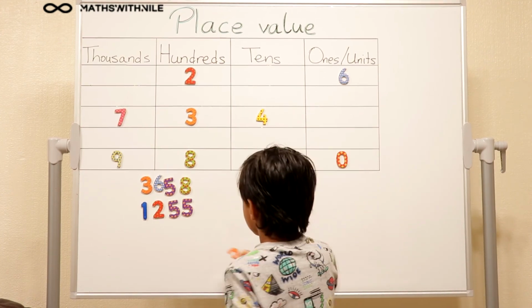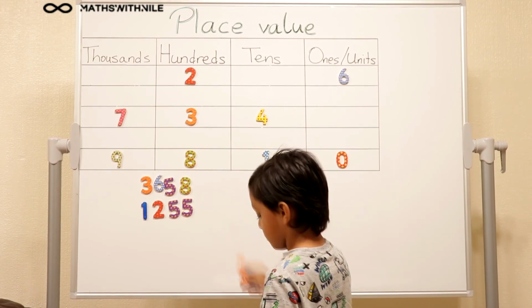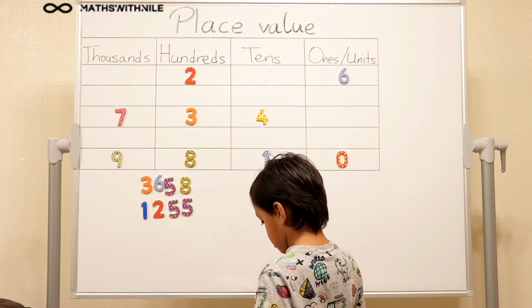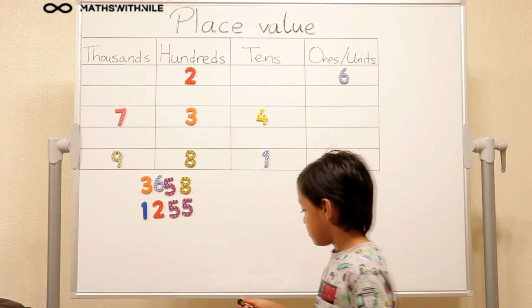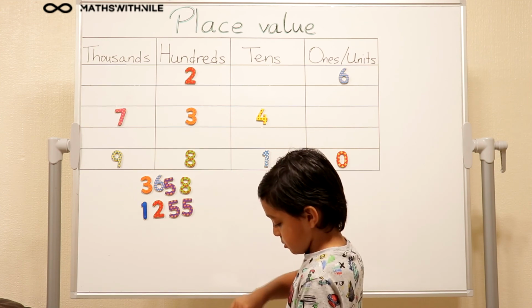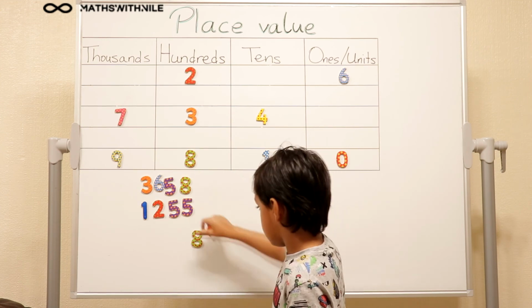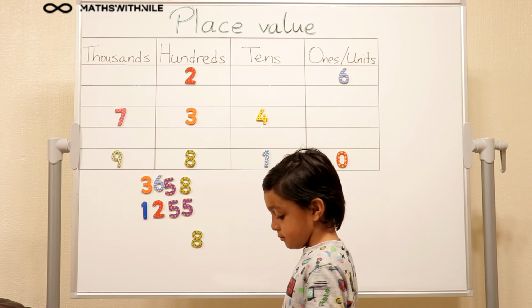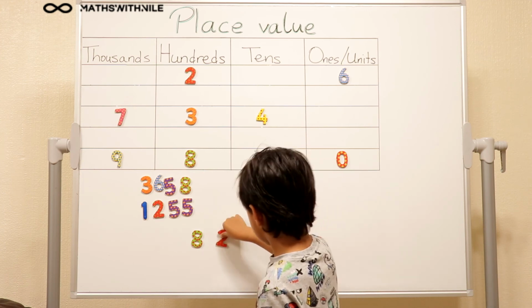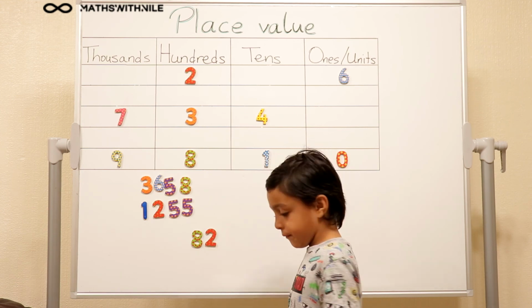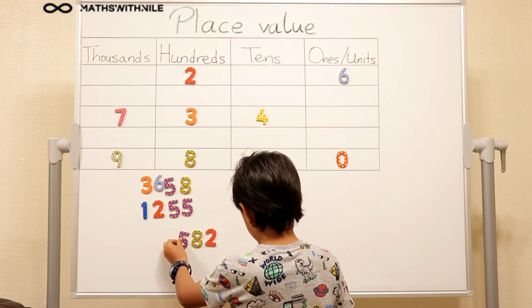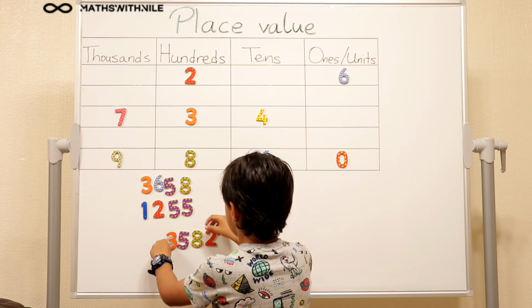Okay. So I'll call it out for you again. You can put this number to the side. It has 8 tens, 2 units, 5 hundreds, and 3 thousands.